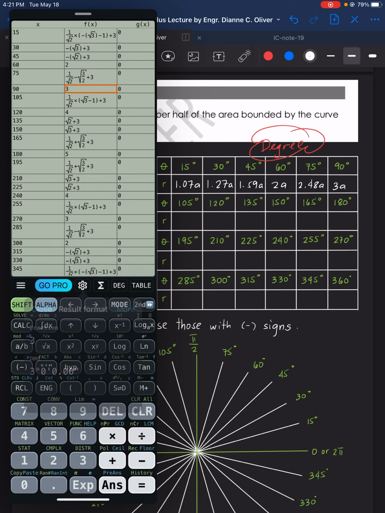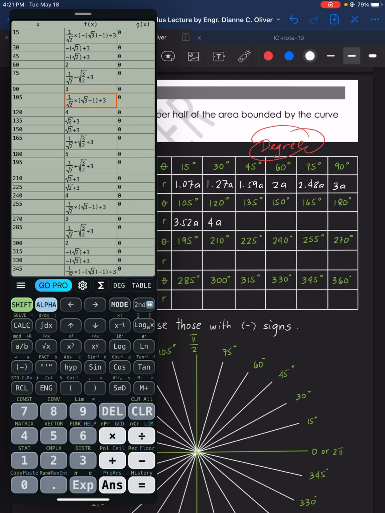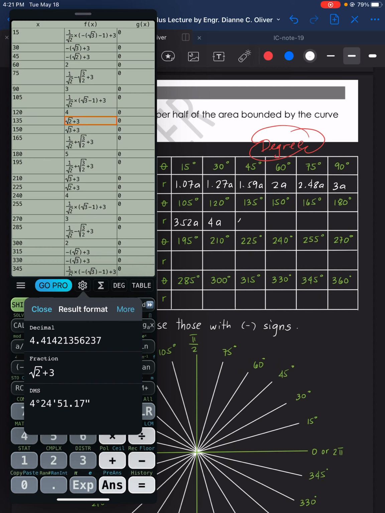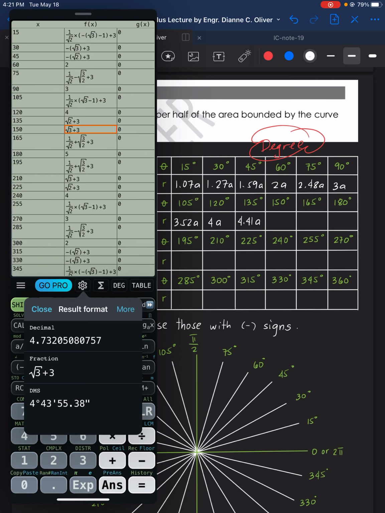For 105, we have 3.52A. Then 120 is 4A. 135 is 4.41A. 150 is 4.73A. 165, we have 4.93A.